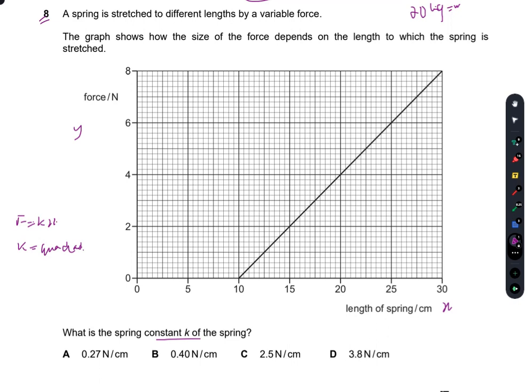That I divide the values of the force. I divide force over the extension, which is x. So I will get the value of K. Now here the gradient for K is, so I take this point. So at 6 I take this point.